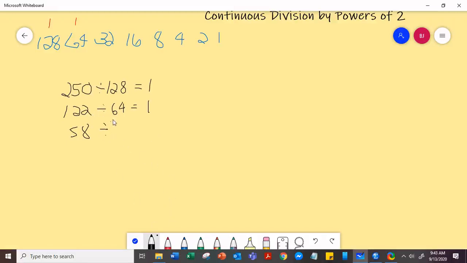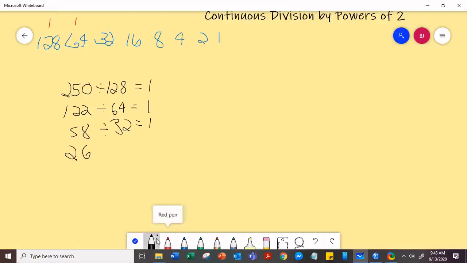So divided by 32, we have 1 again, with a remainder of 26. Okay.